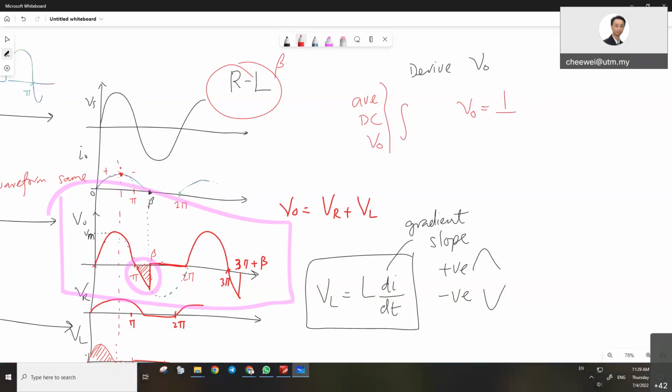For this waveform, half wave RL load, what is the period T? Anyone can help me? What should I put under the 1 over? 2 pi. So I'm integrating from where to where?